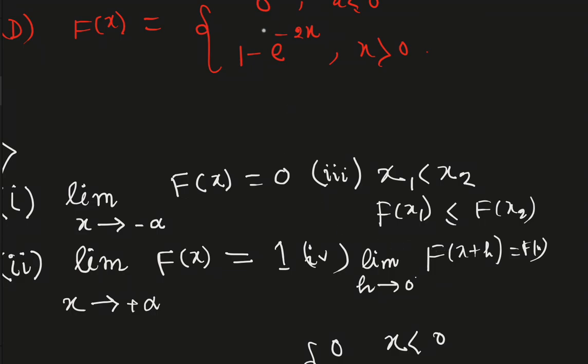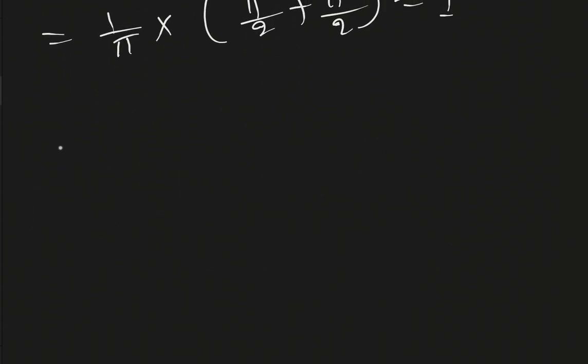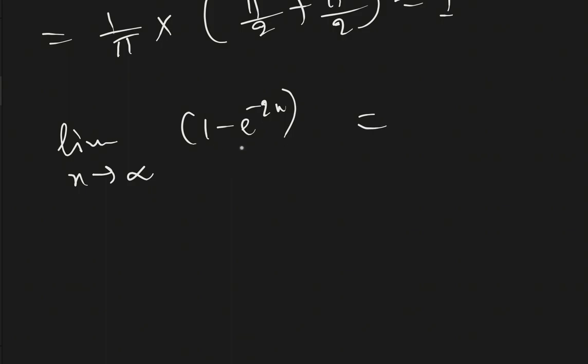And the last thing, let me check here. Here x less than 0 is 0, so the limit of x tends to minus infinity of f(x) of this function is 0. Now for limit x tends to infinity of 1 minus e to the power minus 2x, it will be 1.